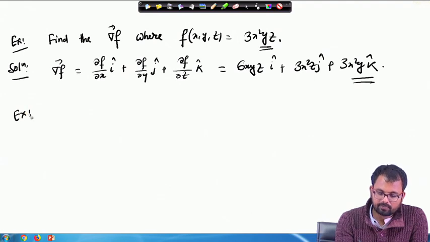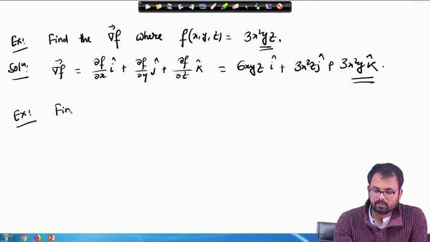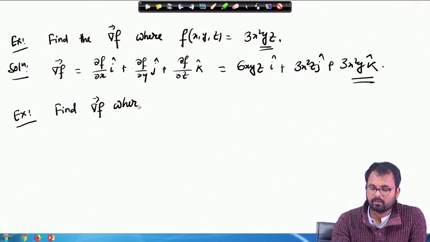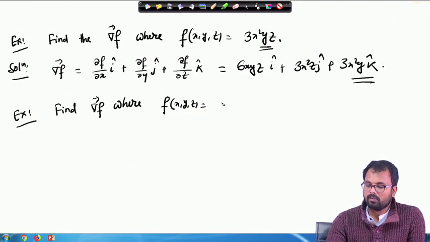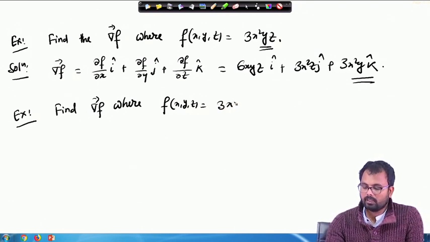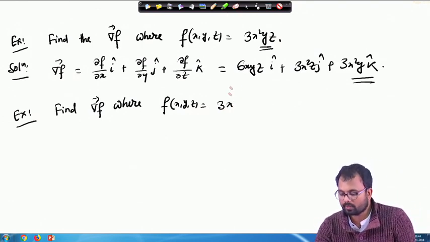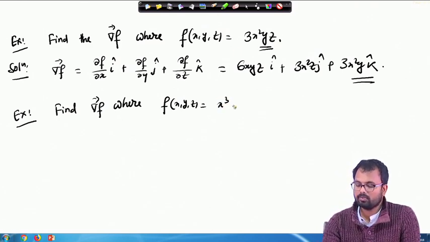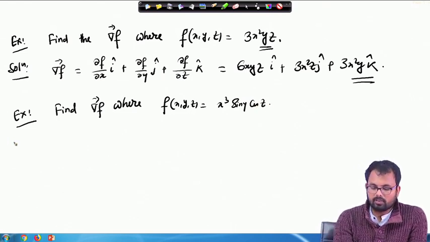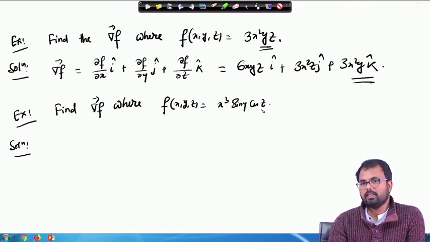Find the gradient of f where f(x, y, z) is, let us not have 3, x cubed sin y cos z. Obviously this is a differentiable function, at least with respect to x, y and z individually.